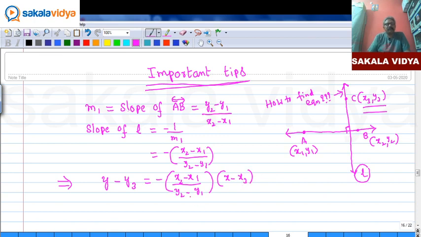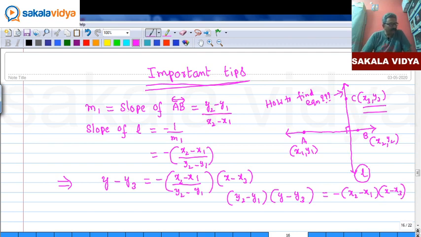If you cross multiply, what do you get? y2 minus y1 into y minus y3 equals minus of x2 minus x1 into x minus x3. Okay?